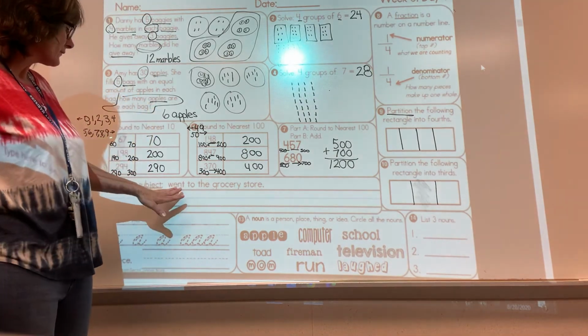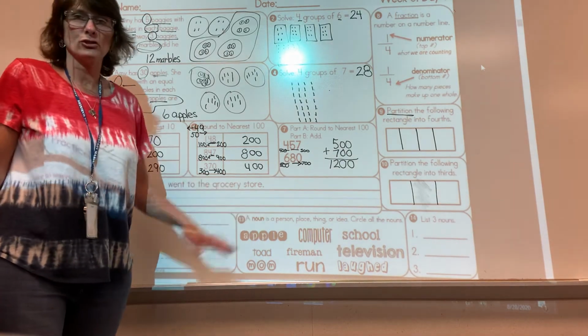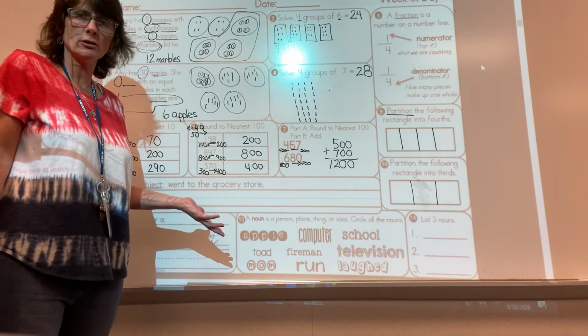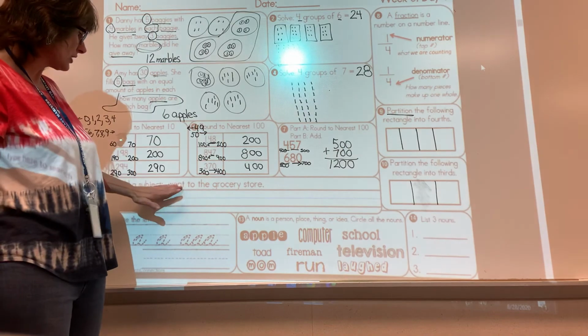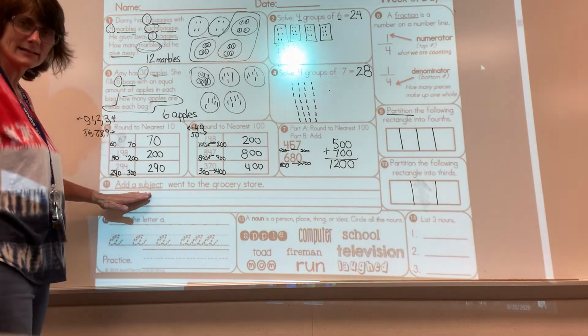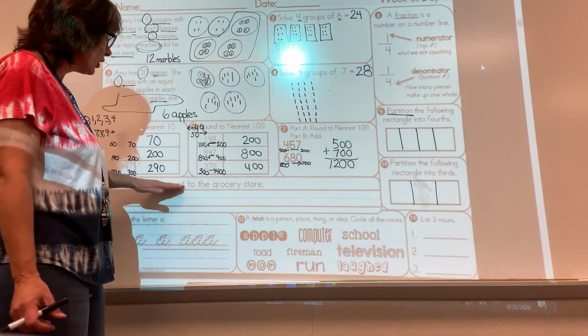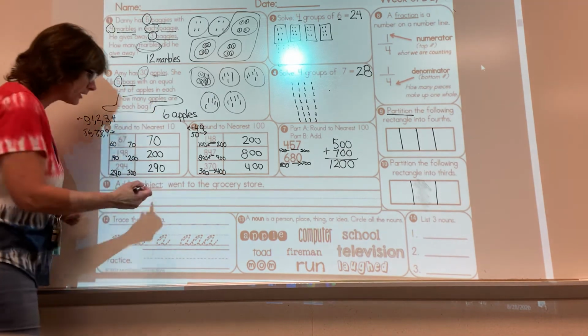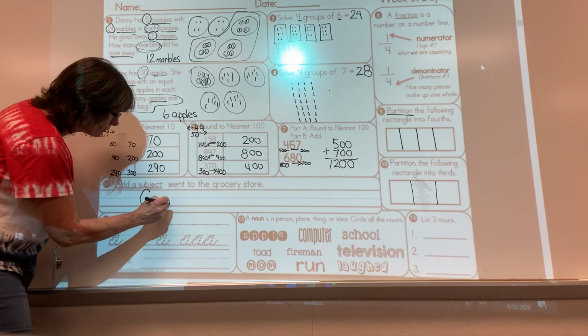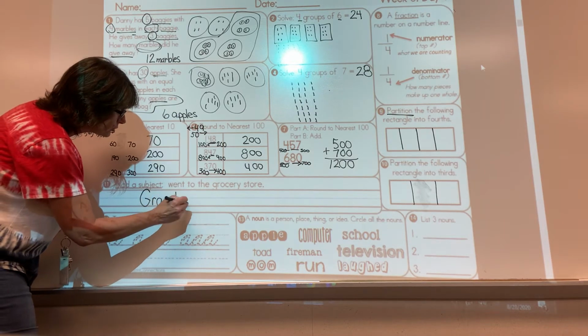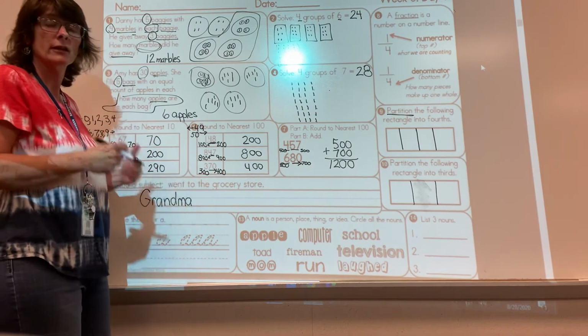So if we have the sentence, went to the grocery store, who went to the grocery store? We don't know. There is no subject there, so we need to add a subject. We need to add a who. Who went to the grocery store? It could be Grandma went to the grocery store. Mom went to the grocery store. There's not just one right answer for this one. There's multiple answers.